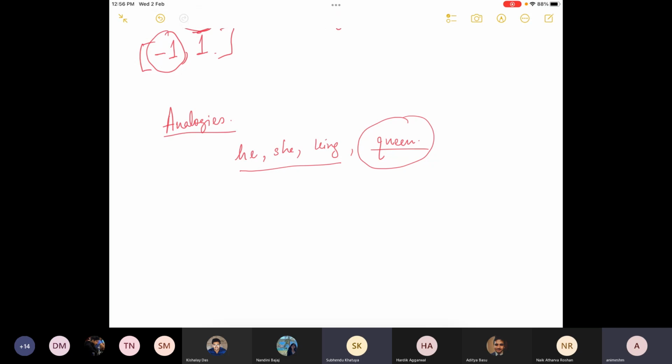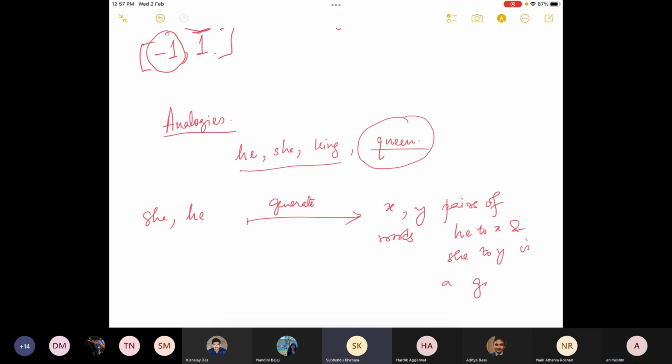Suppose the words she and he are given. They want to generate XY pairs of words such that he to X and she to Y is a good analogy.